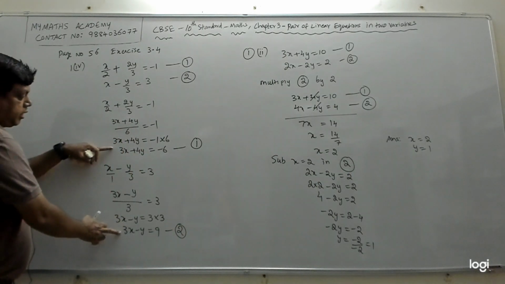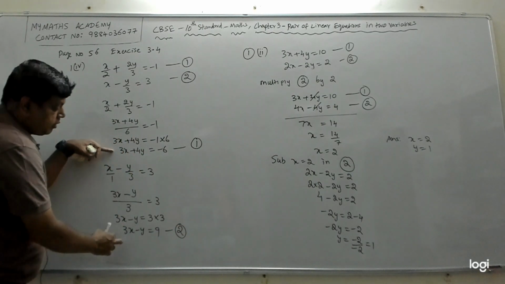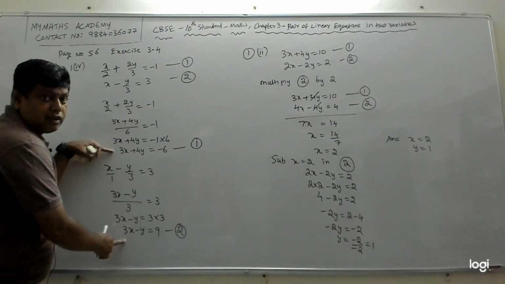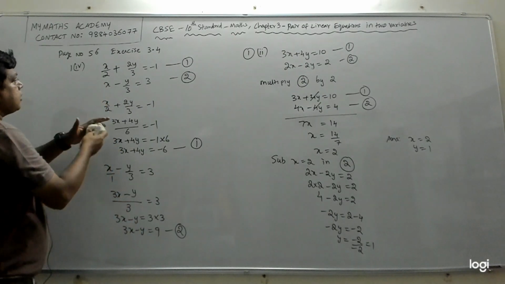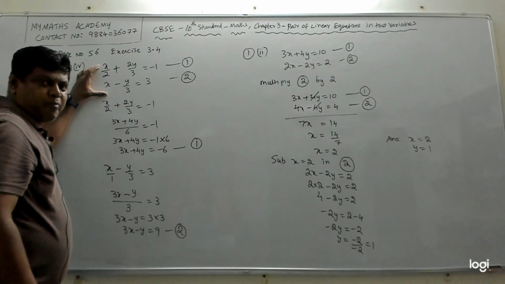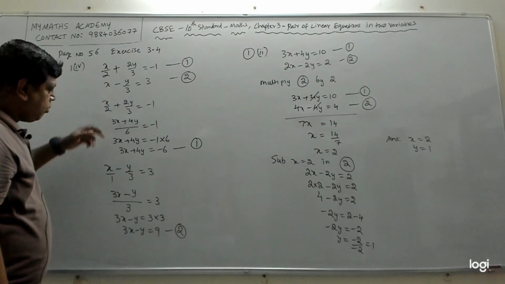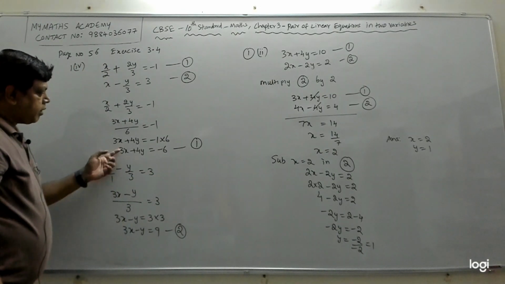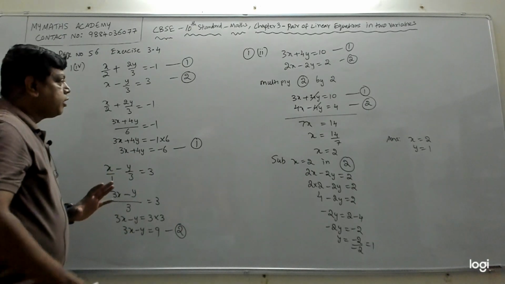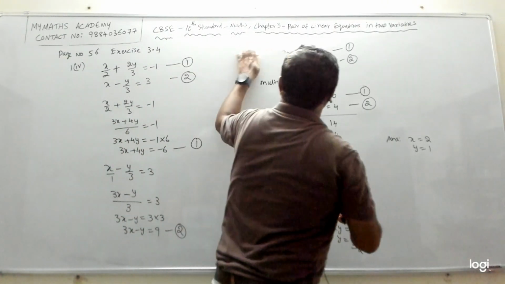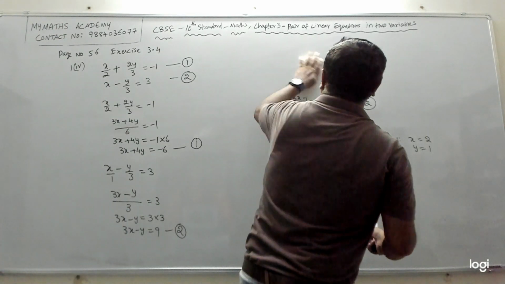Now the first and second equations don't have any denominator. The question may have looked a little complicated, but now this looks very simple, right? Without any denominator. Now if you continue to solve them, what do we get?